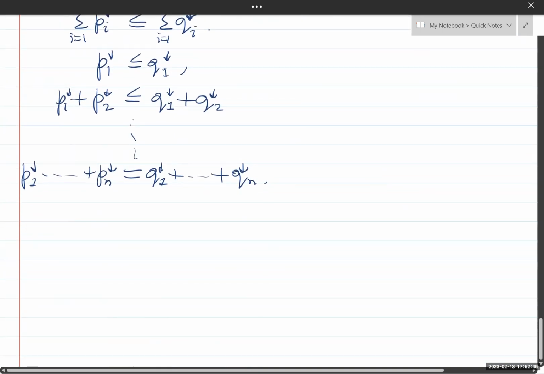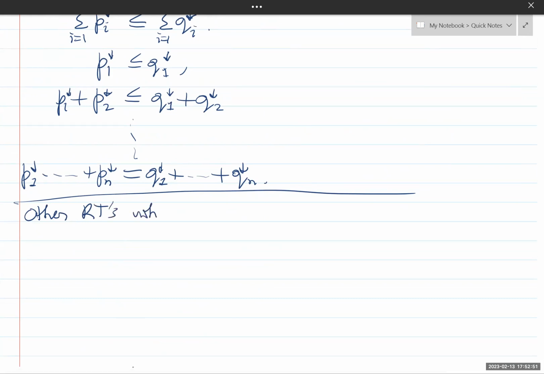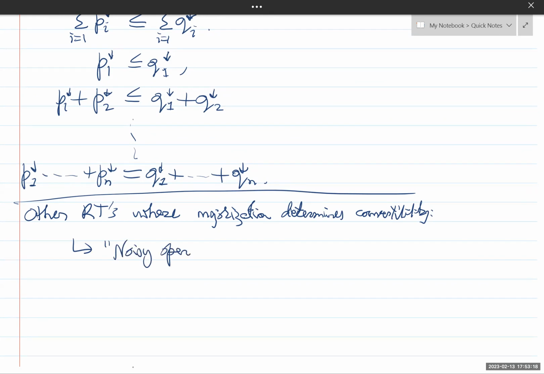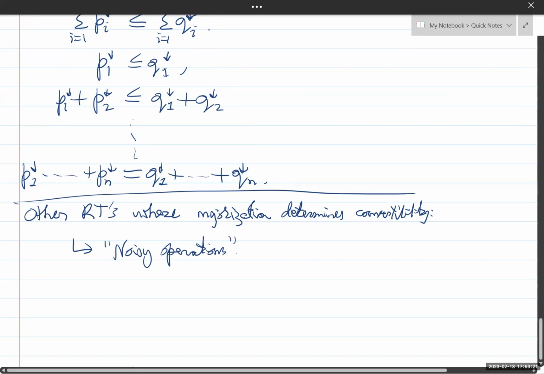And there are other resource theories where majorization determines convertibility. This includes so-called noisy operations, where the resource is purity.